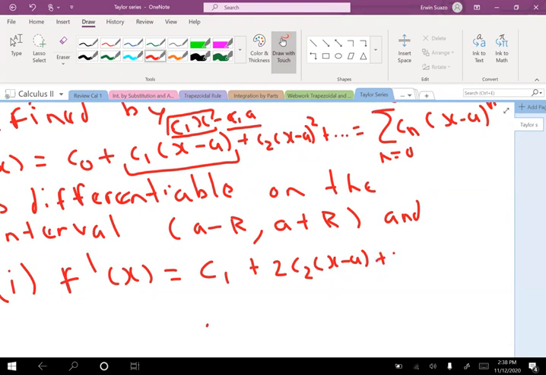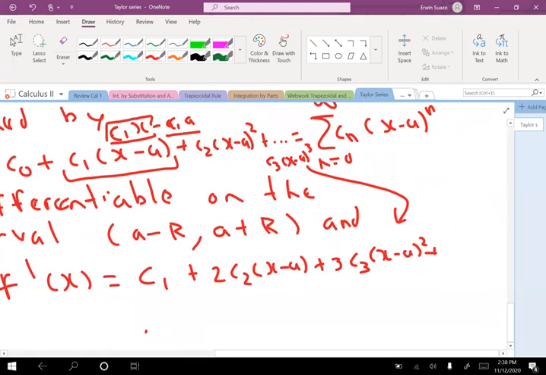Plus 3 c3 x minus a squared. By chain rule, x doesn't have anything in front, so you're done. The next one is c4 x minus a to the fourth, and so on. So just find the derivative term by term.